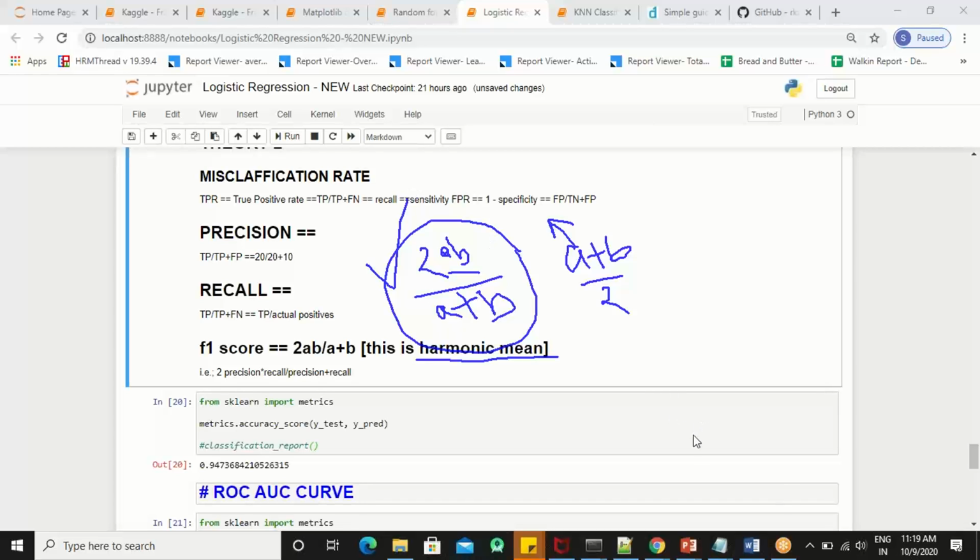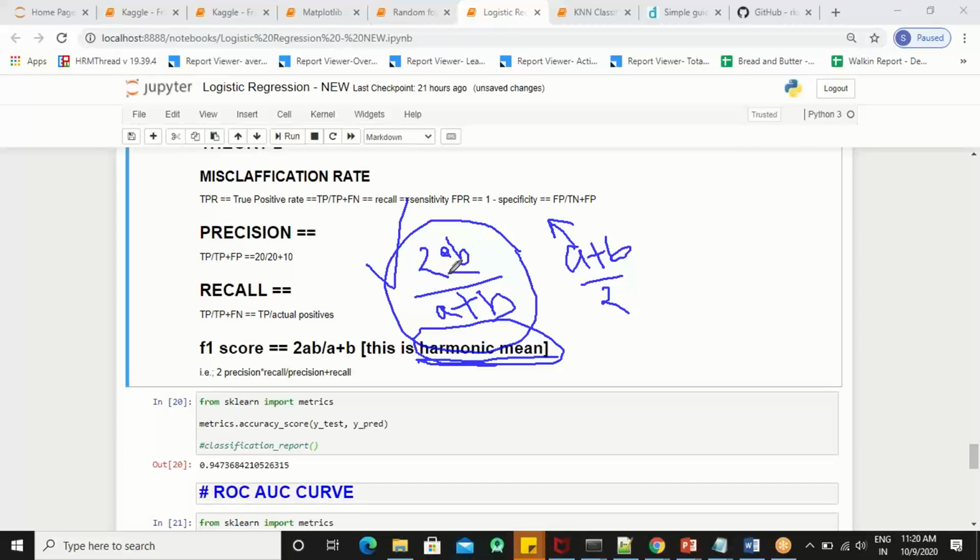But you can read more about arithmetic mean versus harmonic mean. The reason behind harmonic mean is sort of balancing the overall impact of the things, so that one of them is not dominating the final output. Like if your precision is too high but recall is too low, still that's not good, right?